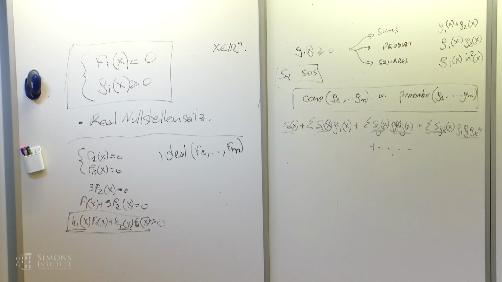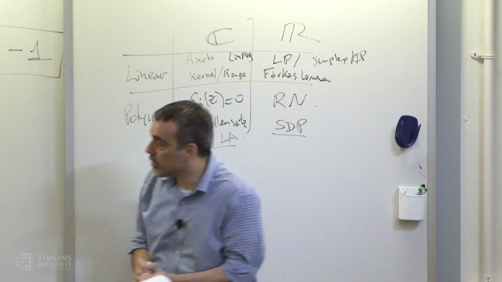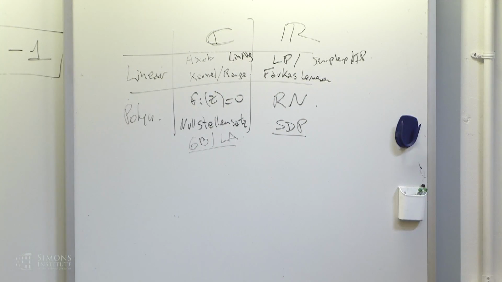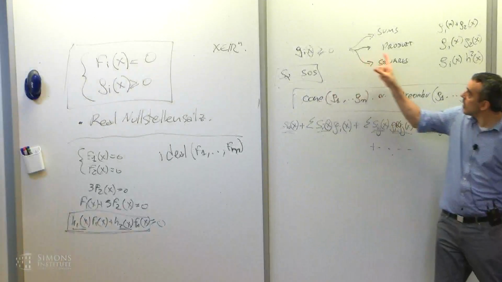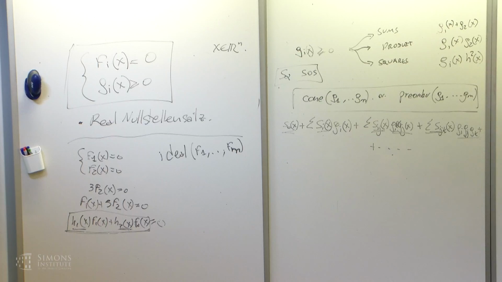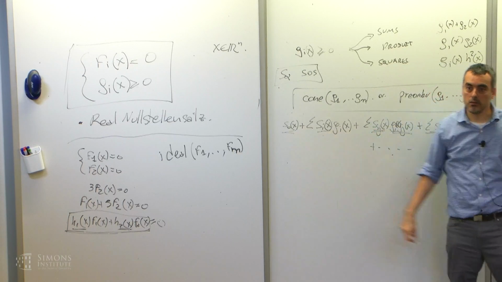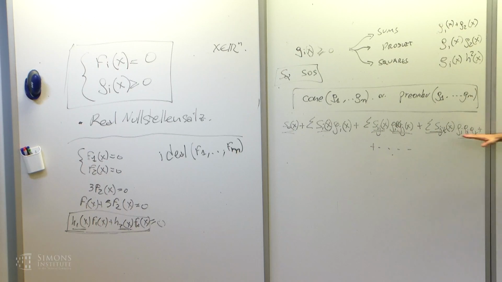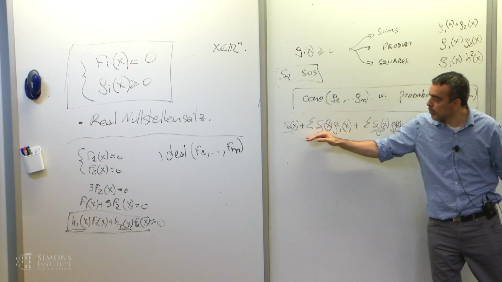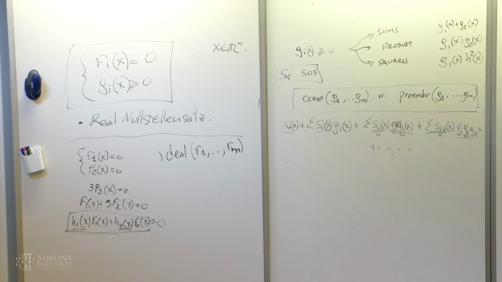And when you think about what is involved, it's really just a semidefinite problem, right? Because what do we have to do? This depends affinely, it's a linear condition between all these different s sub i's, and the only conditions that I have are that all these polynomials have to be sums of squares.